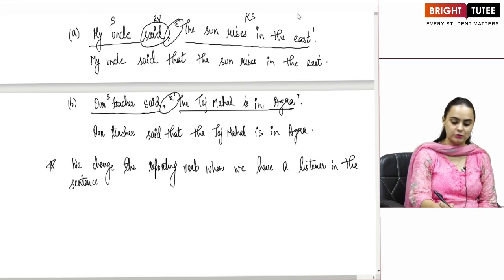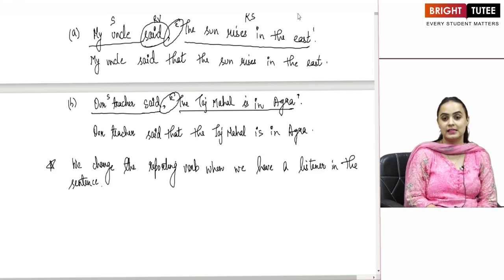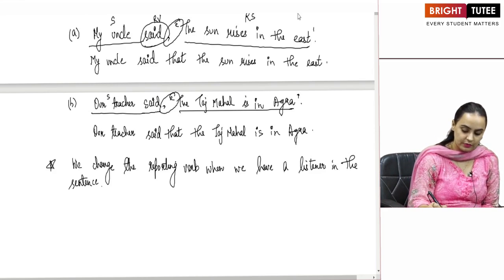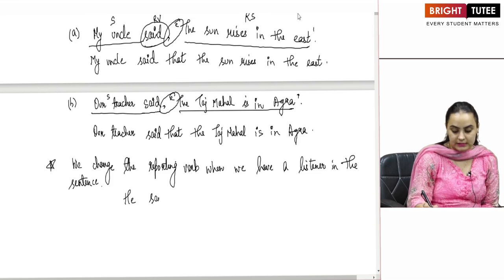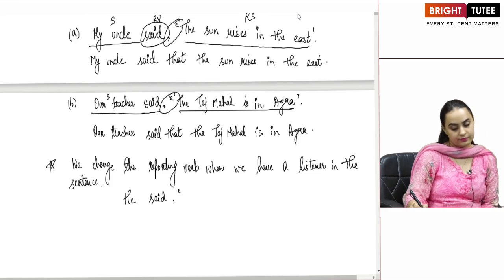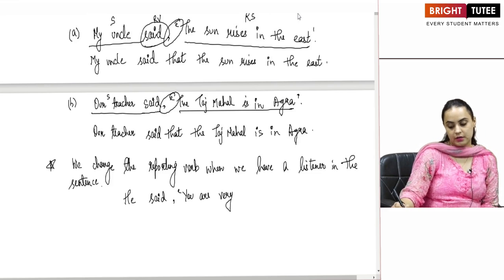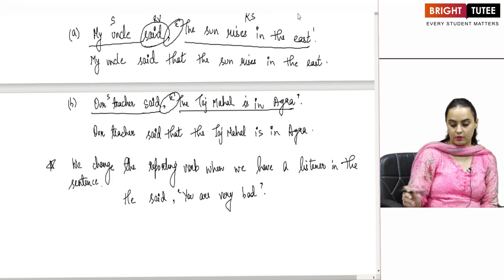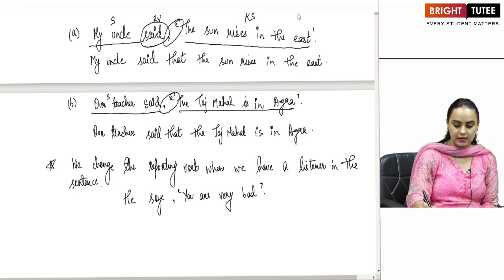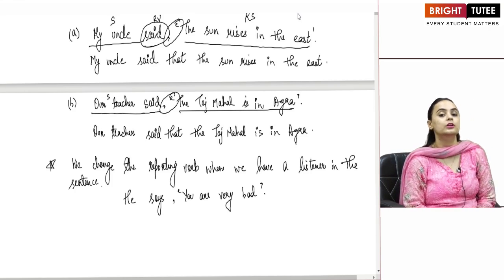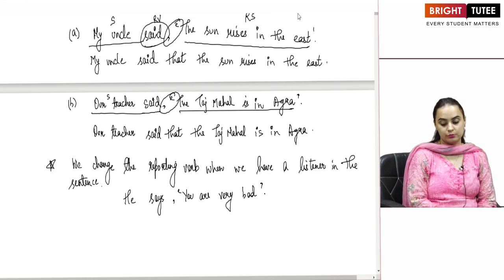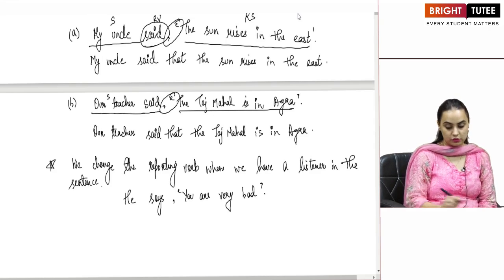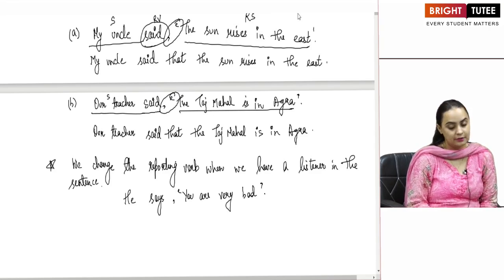For example, just two examples and it will be clear to you. He said, "You are very bad." Or he says, since we have so far just discussed the simple present reporting verb and the simple future: he says, "You are very bad."